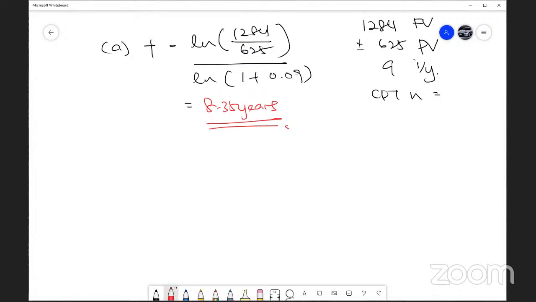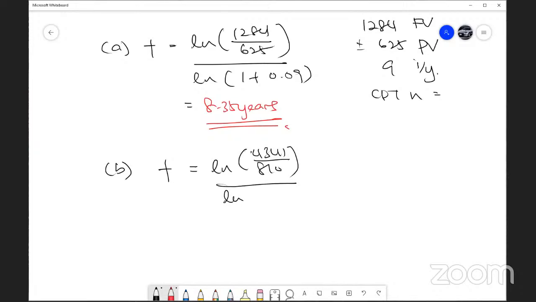Now do the rest of the questions. Try doing the rest. T equals ln of 4341 divided by 810, see how much you get.